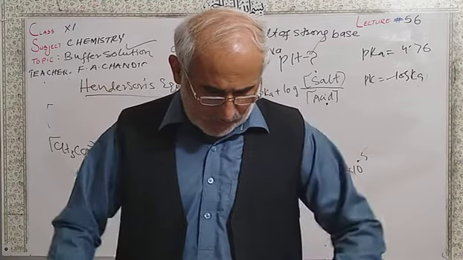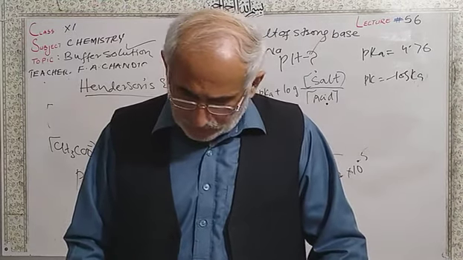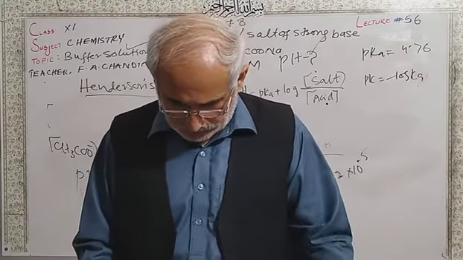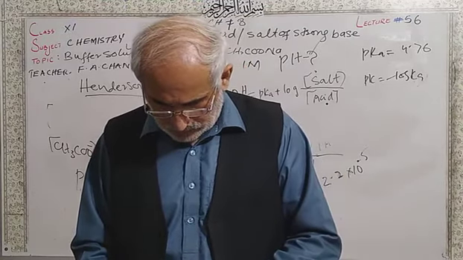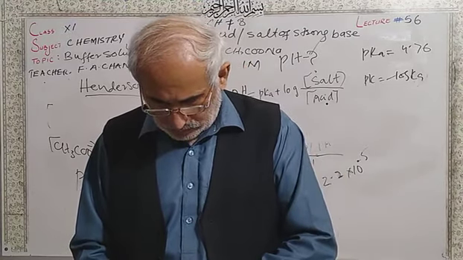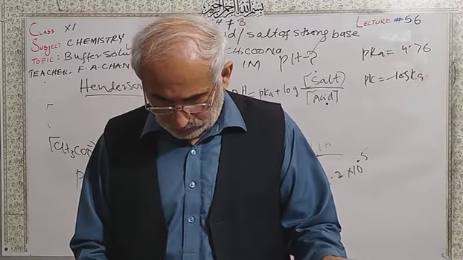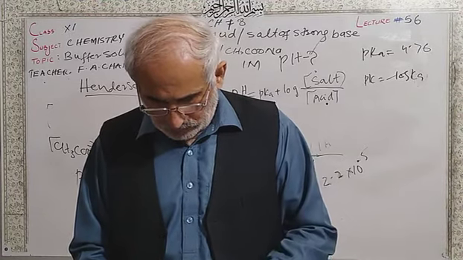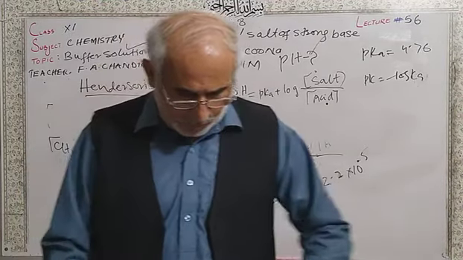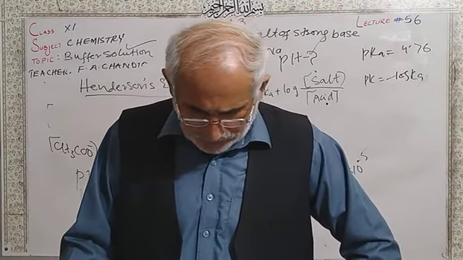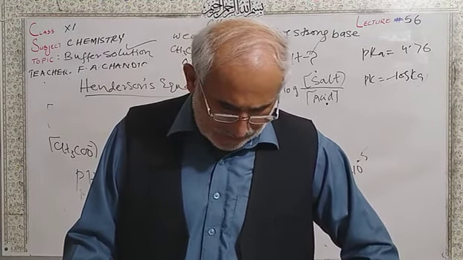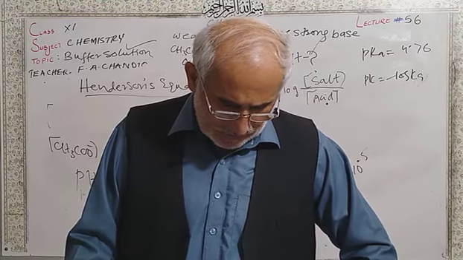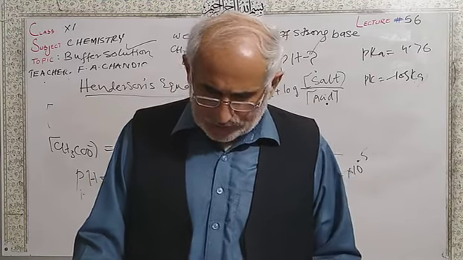Same activity for the students. pH of the same 0.11 molar sodium acetate and 0.09 acetic acid. Ka is given, change into pK and calculate this one.